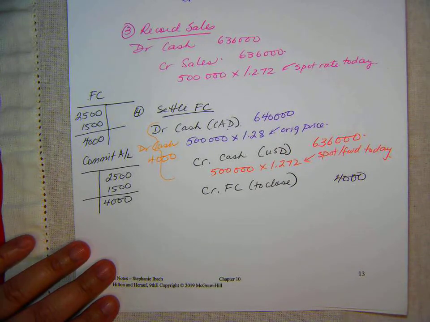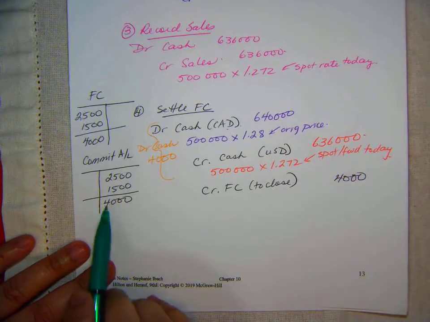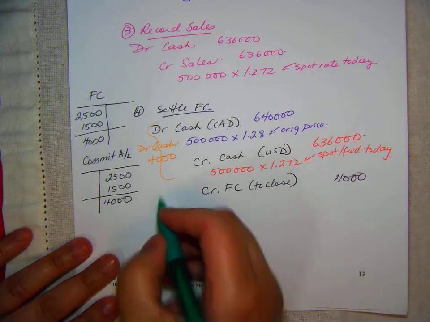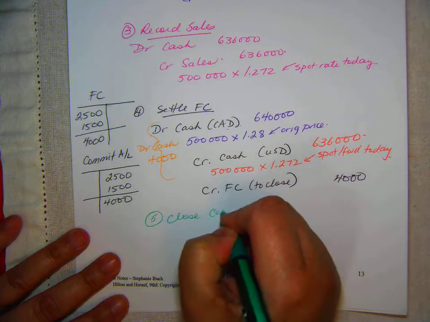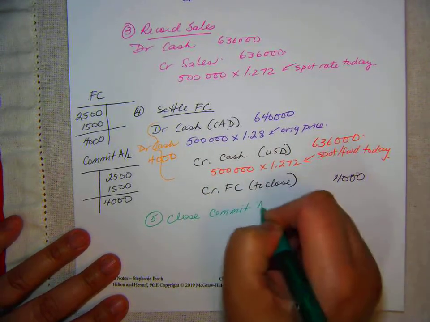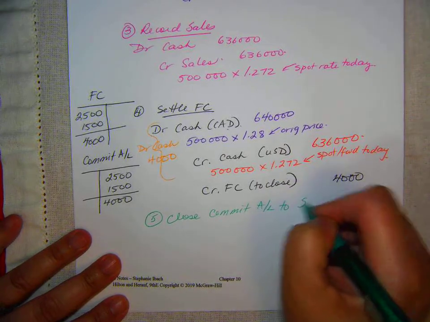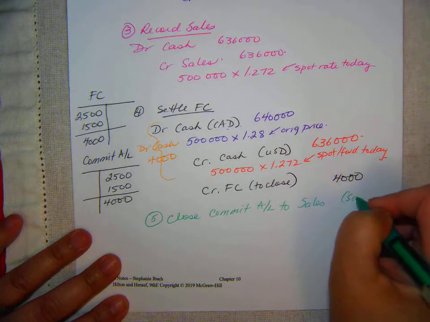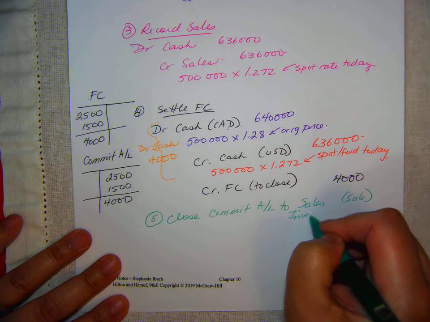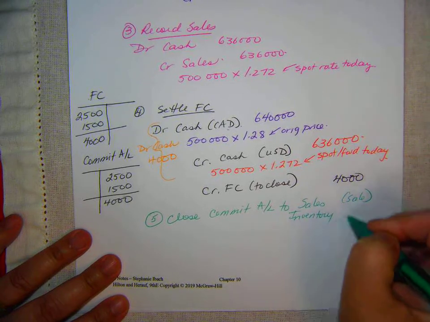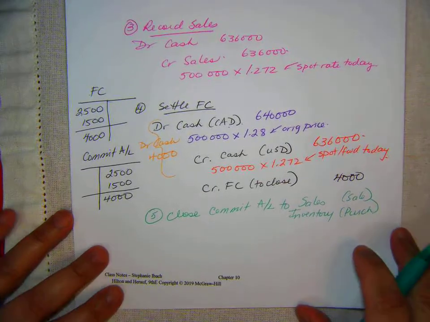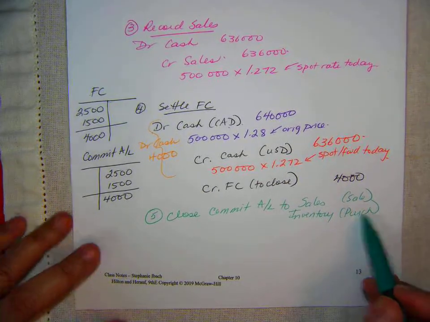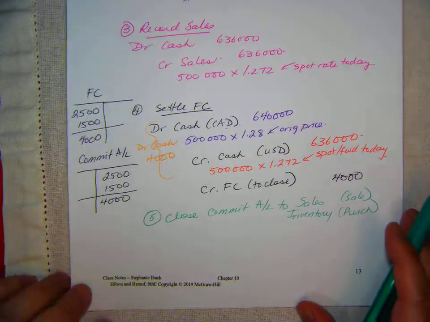Okay, so are we done, or is there something we still need to do? We've got to close the commitment asset. So close commitment asset liability to sales, if it was a sale, or to inventory if it was a purchase. Remember, you have to go look in the text and make sure you get the purchases straight.